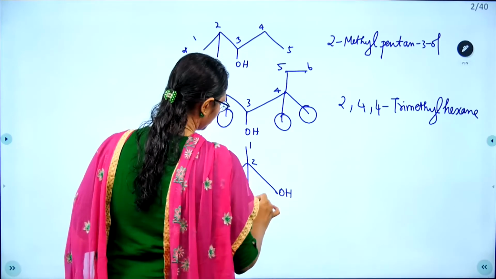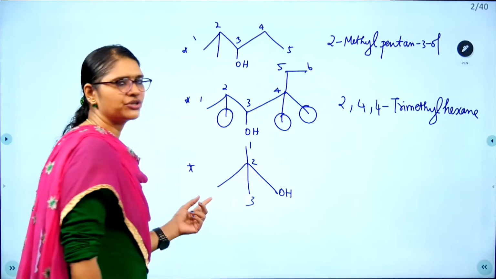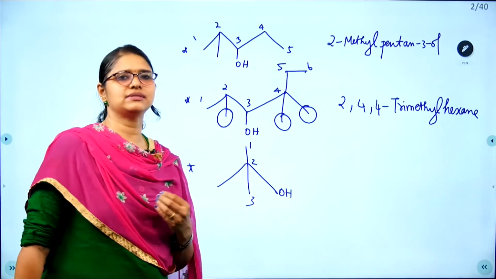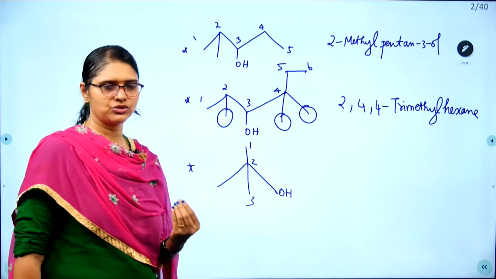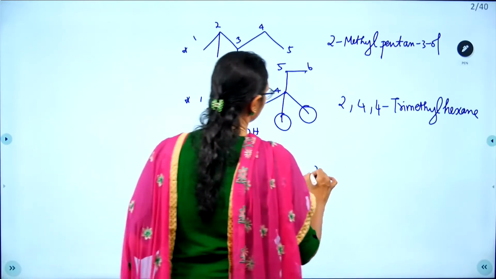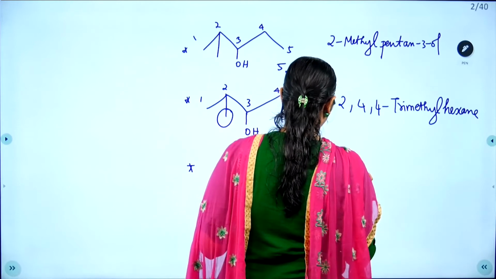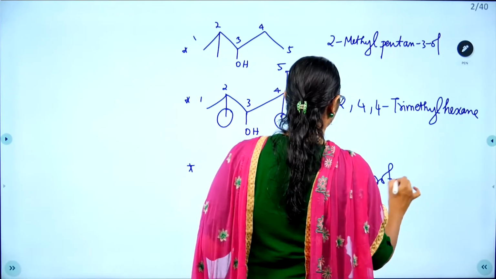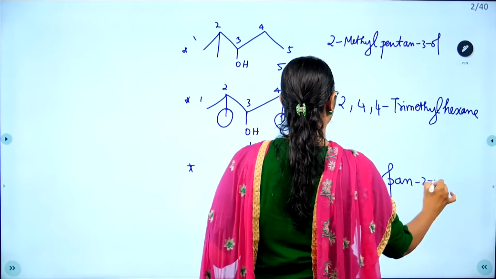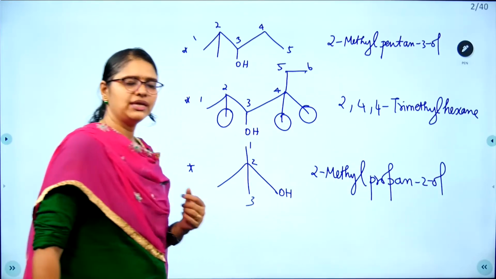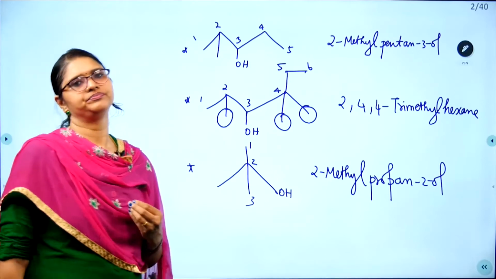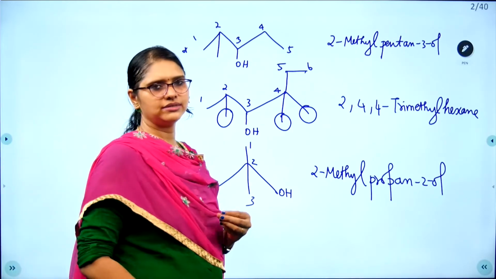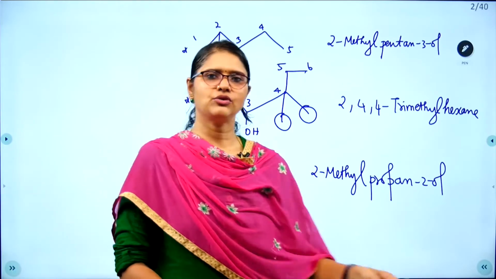Next, the longest carbon chain here is 3, so 1, 2, 3. In the second position you have a methyl group, and at the same second position you have the OH group. So it is 2-methylpropan-2-ol.